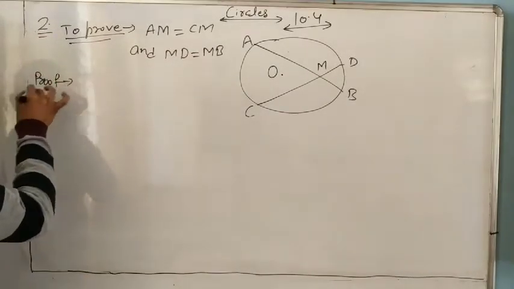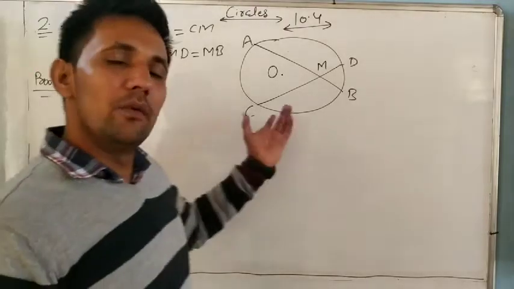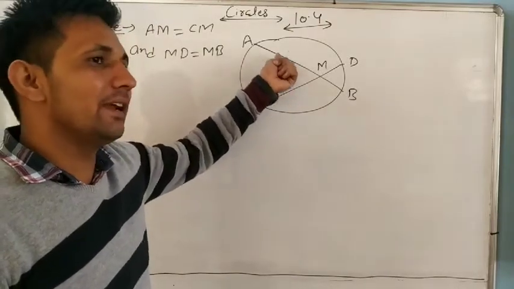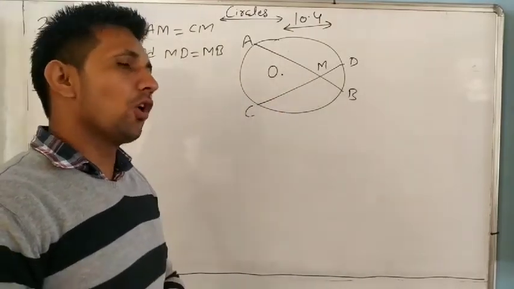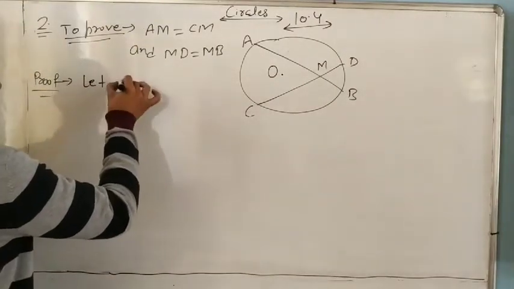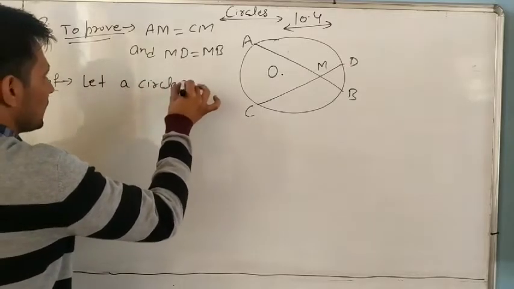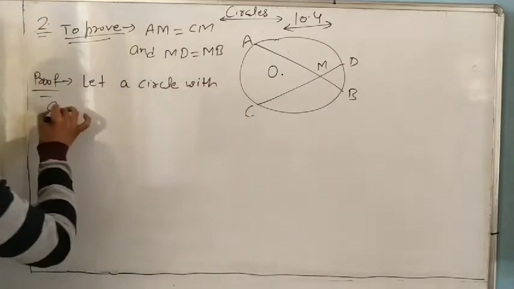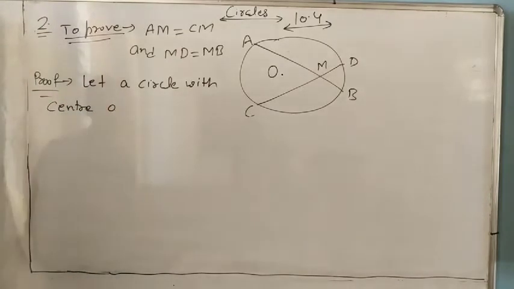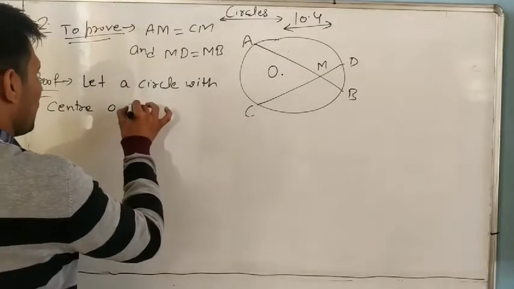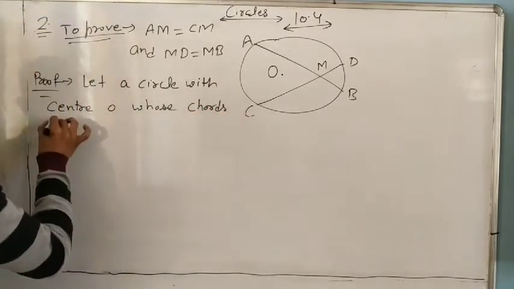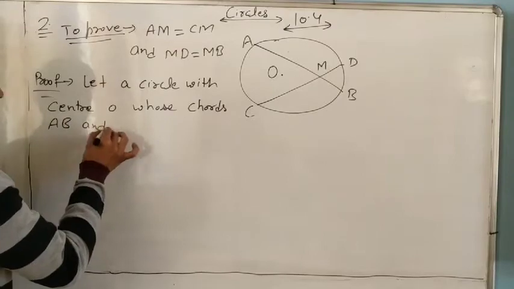Now write what is given. Let a circle with center O have chords AB and CD.